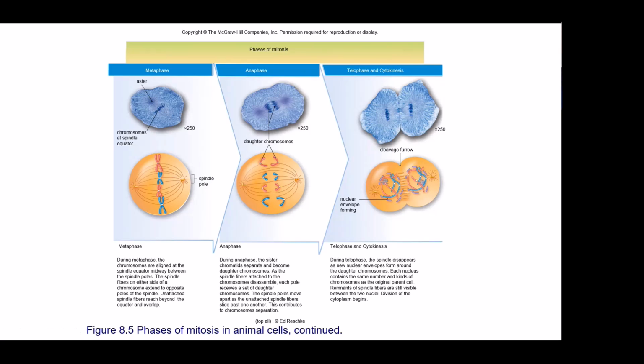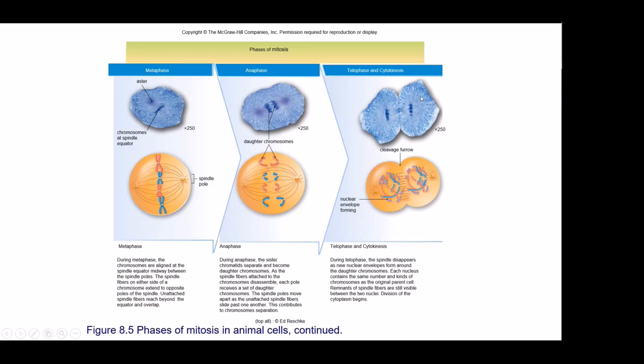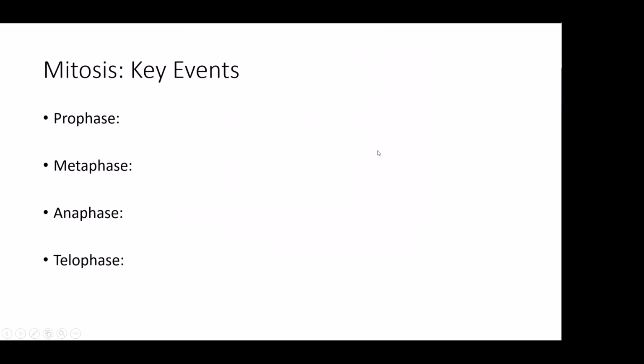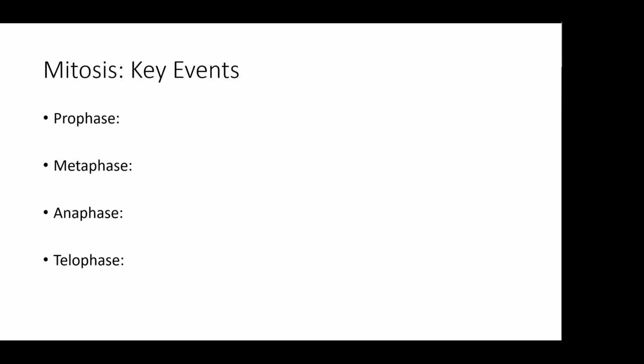During that time, the genetic material will begin to loosen up a little bit, go back to more of a chromatin situation, and you will have the reformation of the nuclear envelope. So, prophase, metaphase, anaphase, telophase. Very important events in this process.